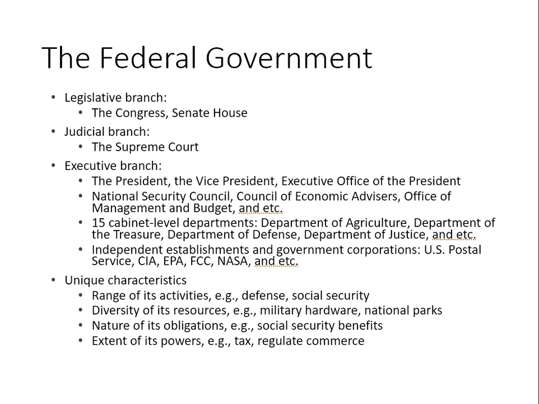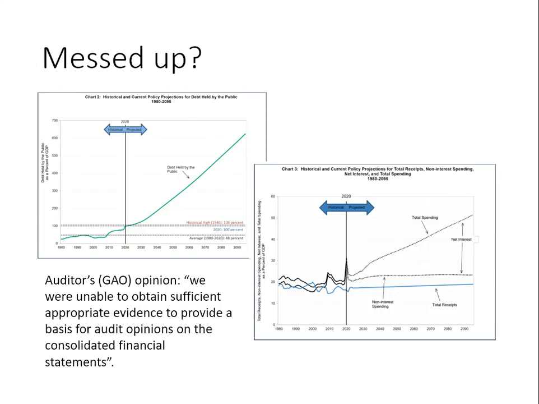So how unique are the federal government's financial statements? All right. So basically, they are messed up. If we use a private investor's perspective to review the federal government financial statement, it is totally messed up. So let me give you some idea why.